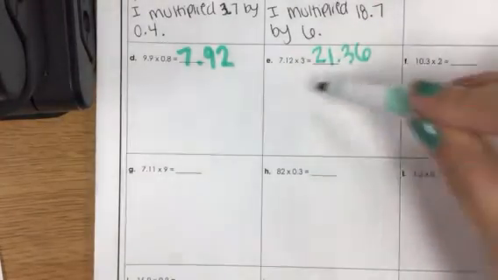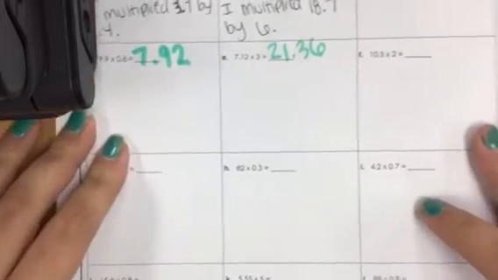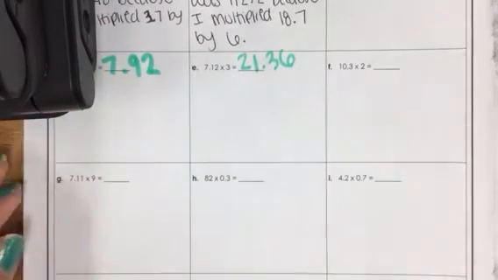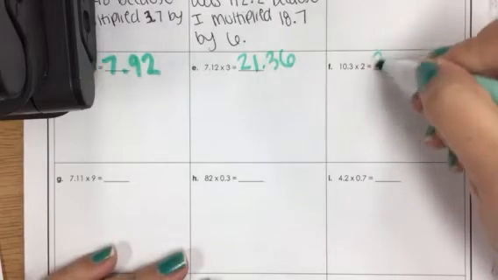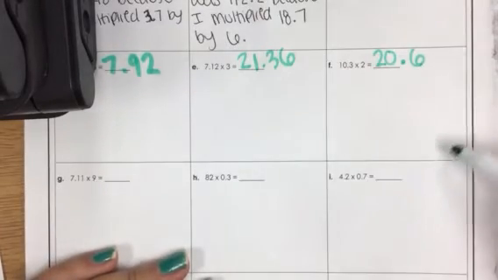Go ahead and write down your sentence. Go ahead and do F now. Your answer should be 20.6, 20 and 6/10. Go ahead and write your sentence down.